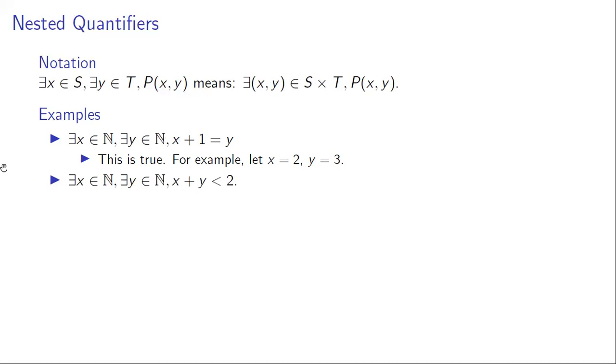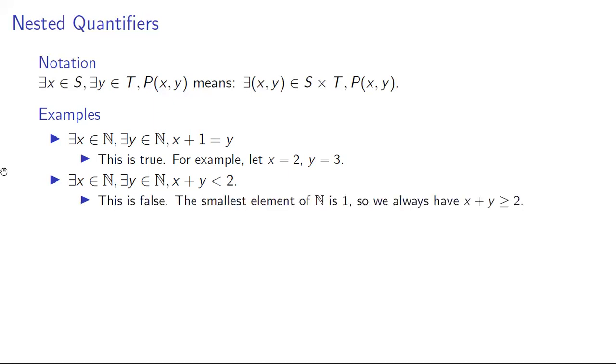So this statement is a true statement. How about this statement? There exists an x in N such that there exists a y in N such that x plus y is less than 2. Okay, so this says there is some x and there is some y in the natural numbers such that when you do x plus y, you'll get a number that is less than 2. So is this true or not? So this is false. Why? Well, the smallest element of the natural numbers is 1.